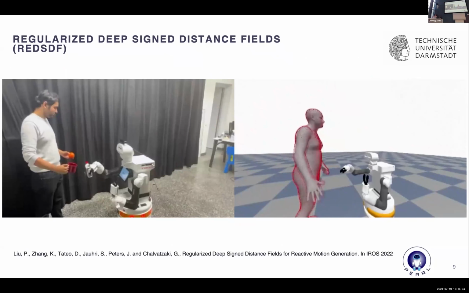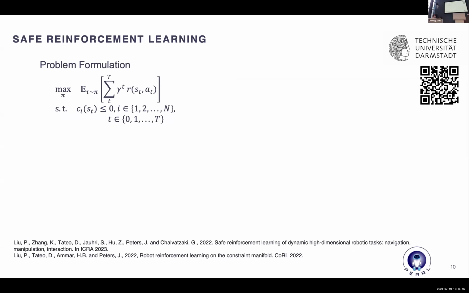But this is a bit on the high level of how we can learn this deep signed distance field, where we introduce some geometric regularization indeed in order to learn these level sets nicely. But we were more interested in learning more complicated interactions and dynamic interactions.